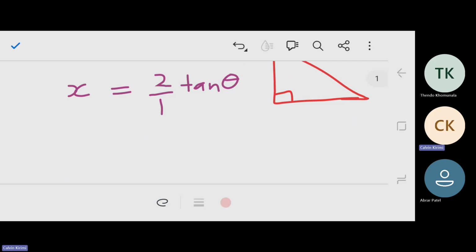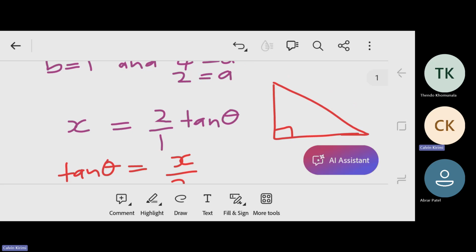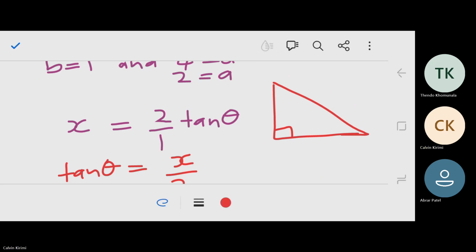If tan theta is equal to x over 2, then your opposite is x and the adjacent is 2, like that.